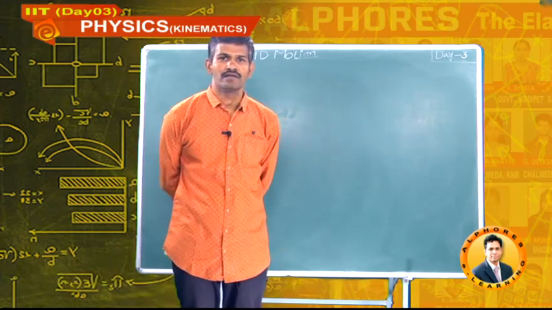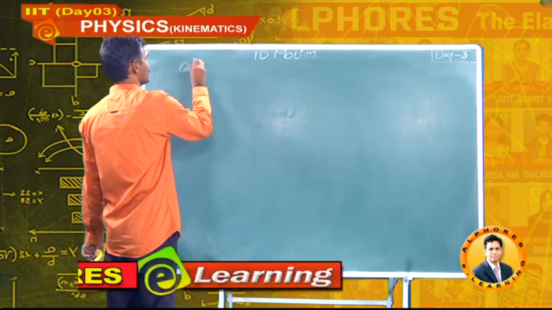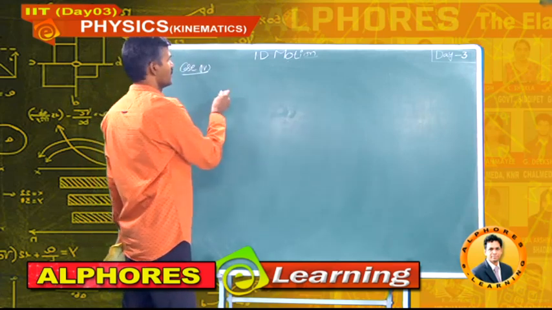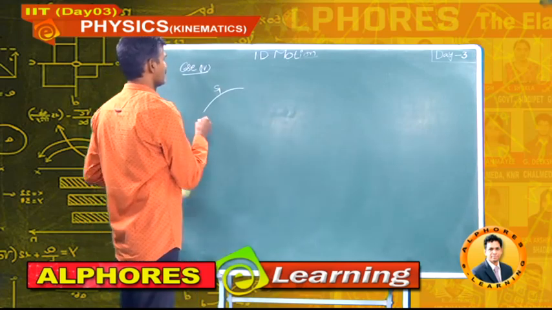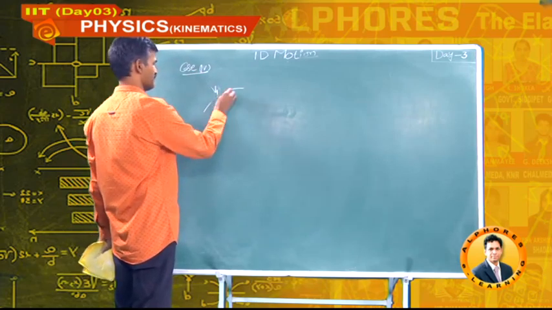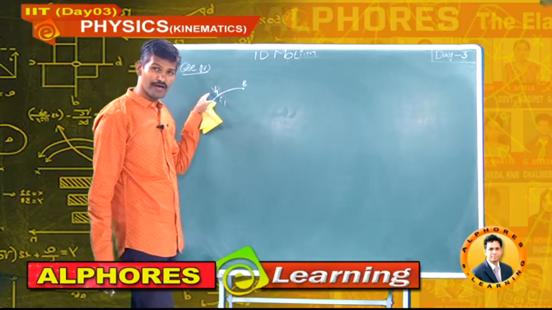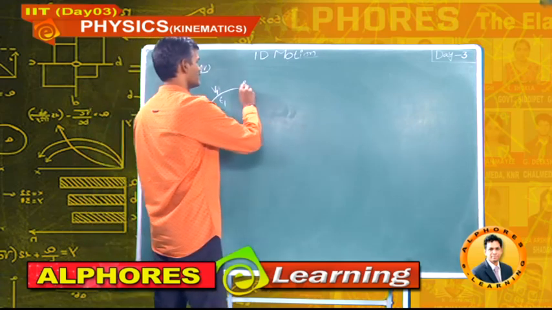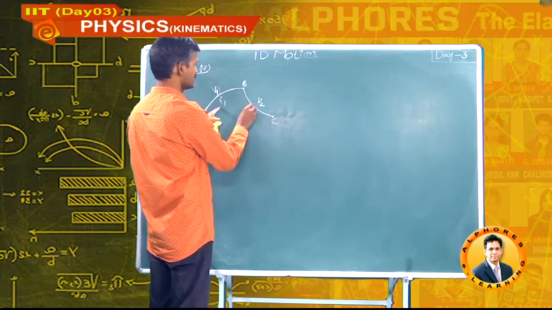Next, I am considering one more case, case 4. If a body travels from A to B with the speed v1 in time interval t1, and it travels from B to C with the speed v2 in time interval t2.